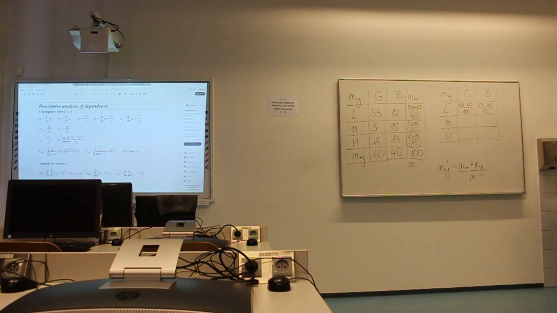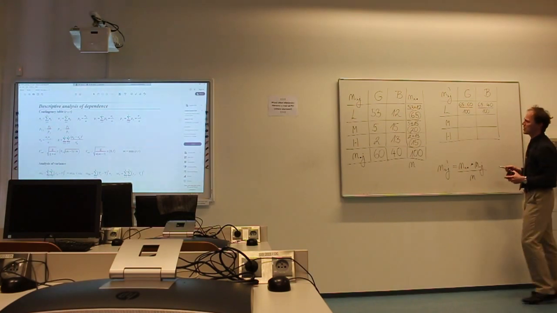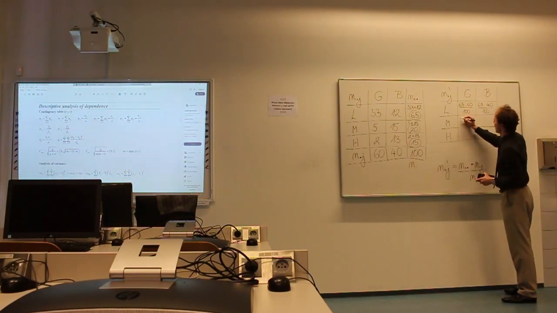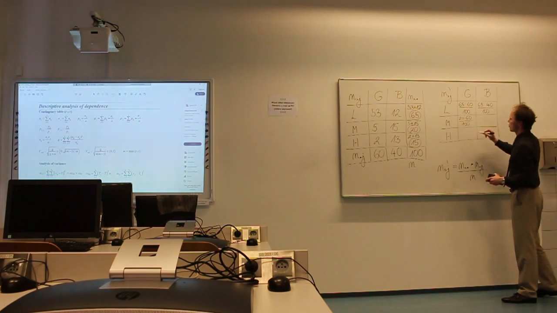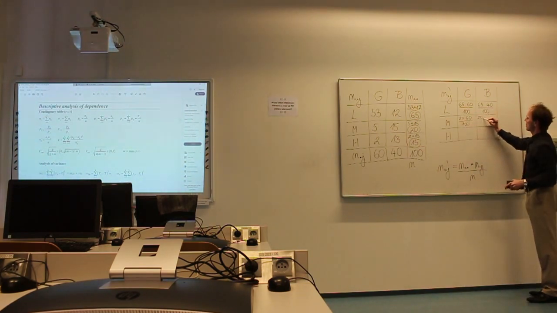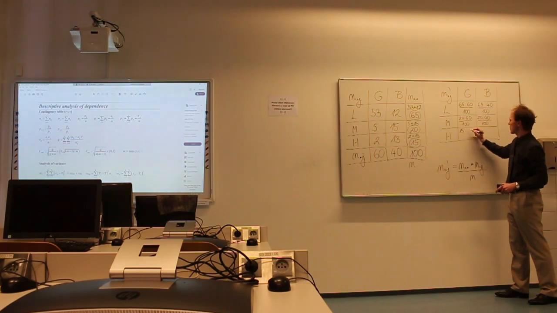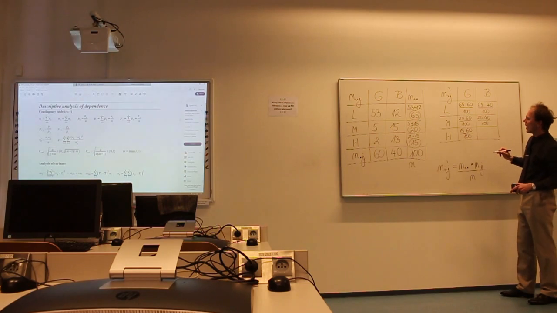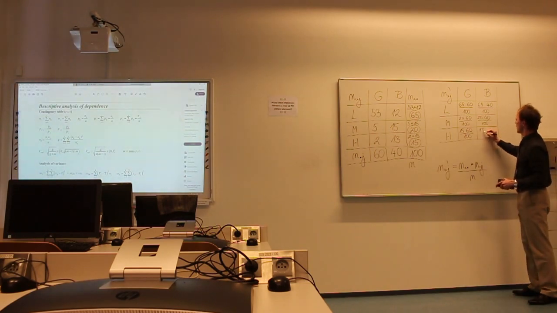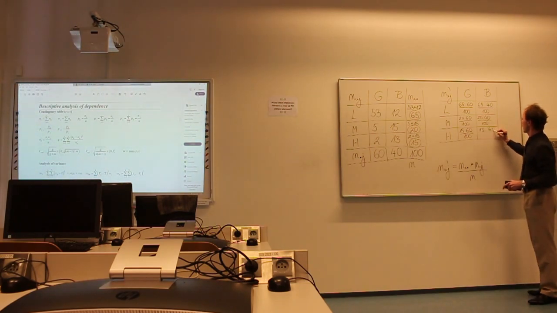In the numerator there is a multiplication of marginal frequencies, the side frequencies. 20 and 60, 20 times 60 divided by 100. 20 times 40 divided by 100. 15 times 60 divided by 100. And 15 times 40 divided by 100.